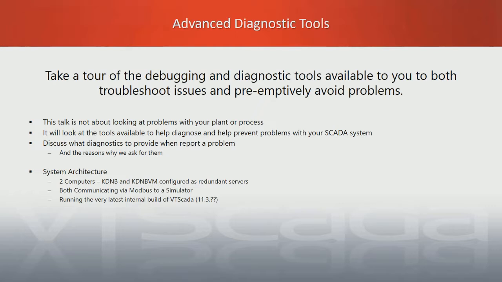What I've got set up here is my notebook, which is KDNB, Keith Donaldson notebook. I'm also running a virtual machine on the same machine called KDNB VM. Both of them are running VTScada 11.3 something very late.